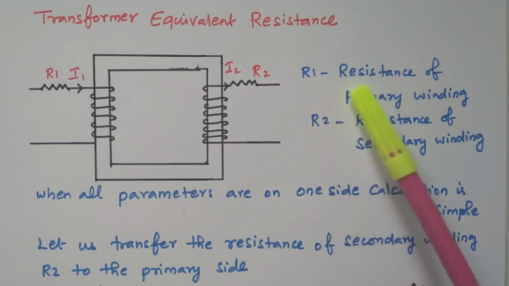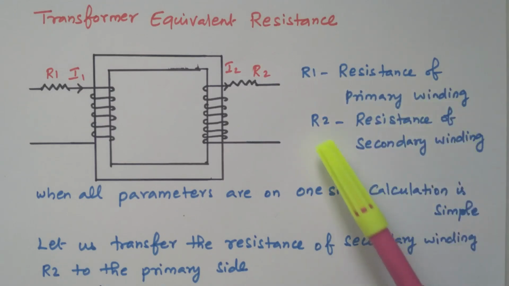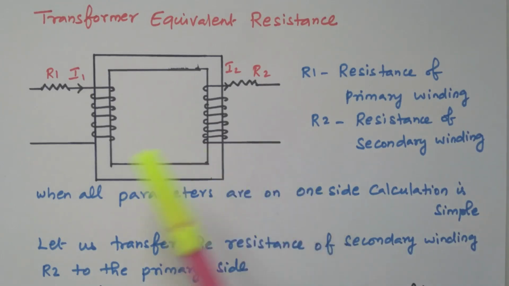R1 is the resistance of the primary winding, R2 is the resistance of the secondary winding. When all parameters are on one side, calculation is simple. If you transfer all the parameters to one side, either primary side or secondary side, the further calculation will be simpler. So that is why we are transferring the parameters.